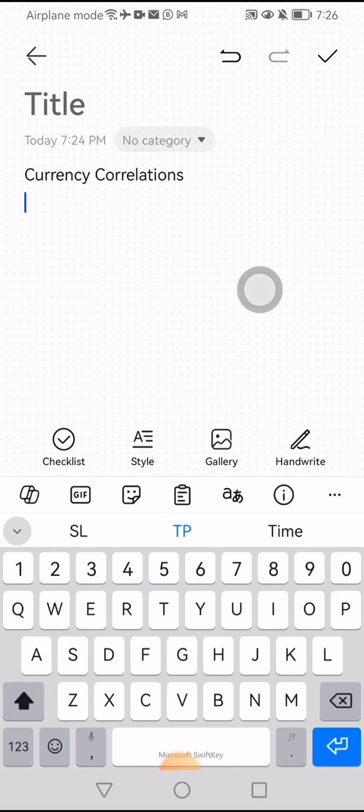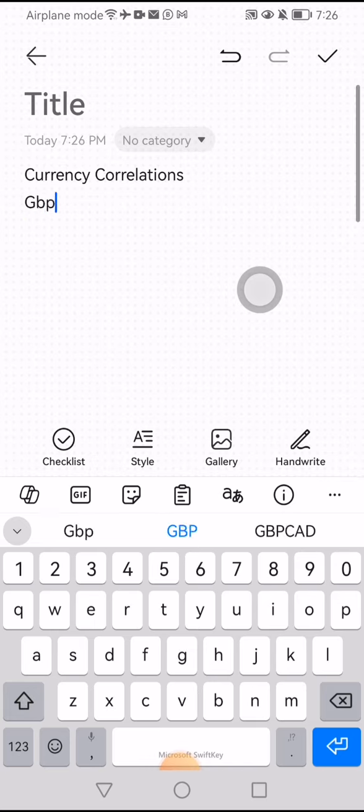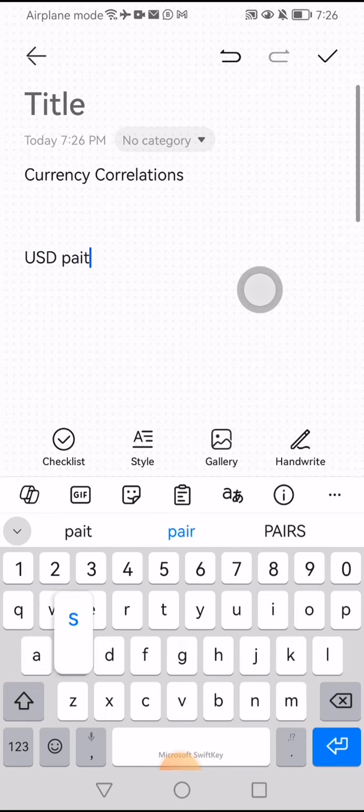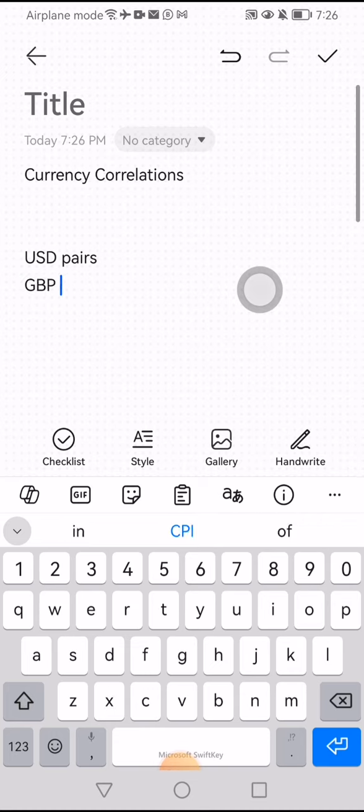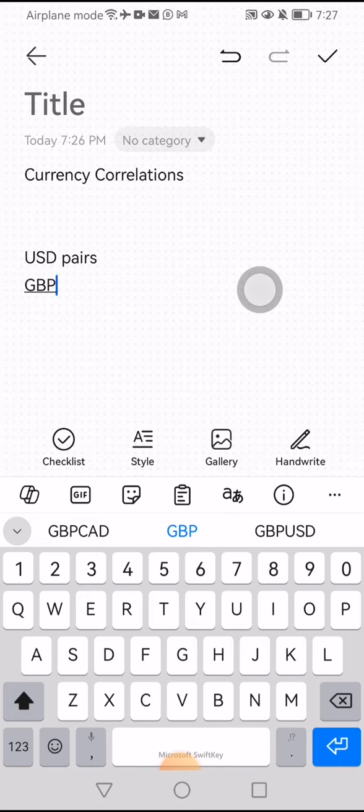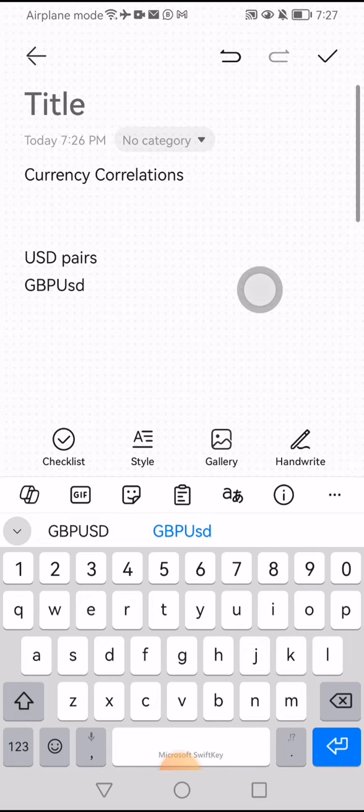If, for example, I was to take USD pairs, right? I guess you all know USD pairs, how currencies are paired together. We all know that the first currency is known as the base, and the second one is the quote, and then they have a price. So let's say, for example, GBP USD is the pound versus the dollar.